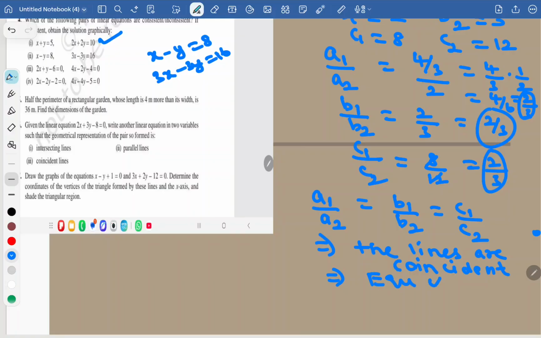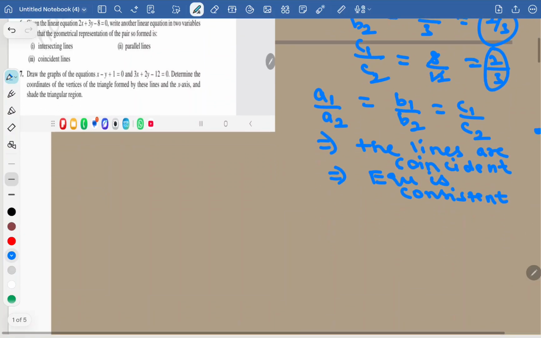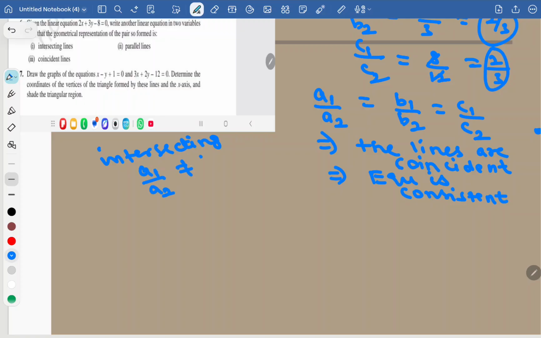Equation is consistent. One must remember, lines are intersecting when a1 by a2 is not equal to b1 by b2. Equation is consistent.